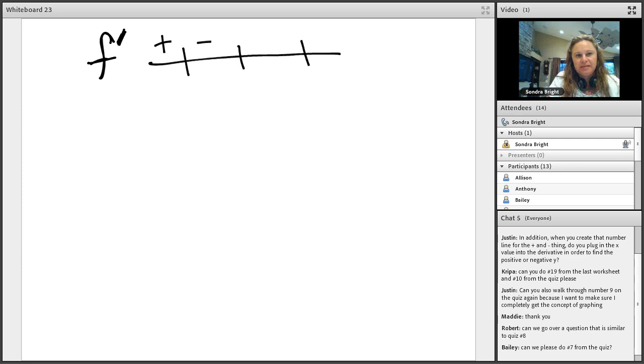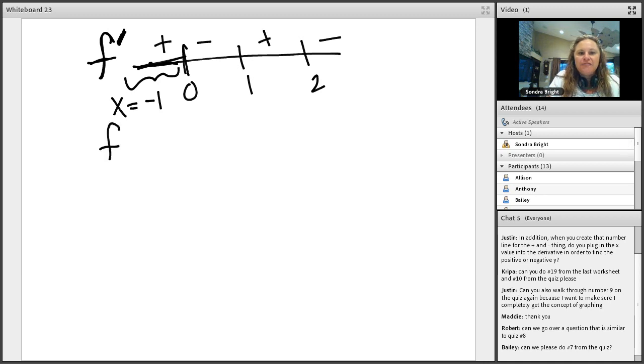And we get, let's say, plus, minus. These are x values, like let's say, I'll make up numbers. Let's say this is a 0, a 1, and a 2. I would plug in, to figure out this guy, I would plug in x equals -1, and whatever f prime is, I'm saying that it's a positive number, I made it up, right?